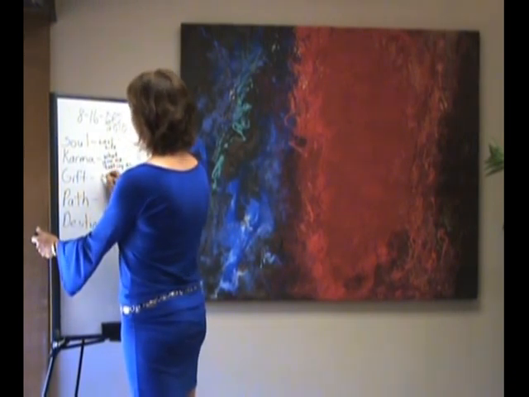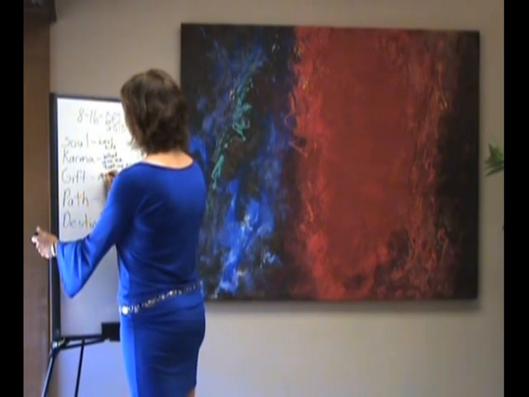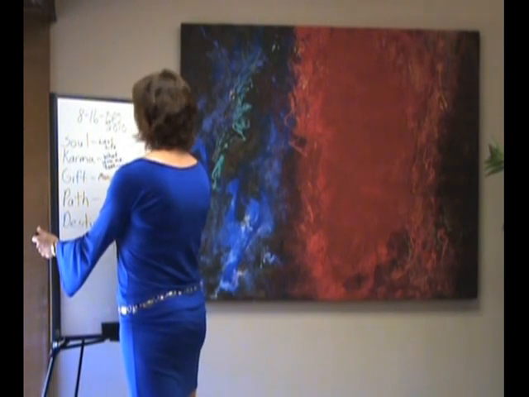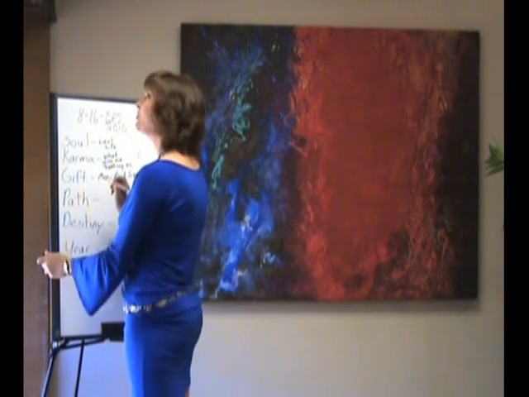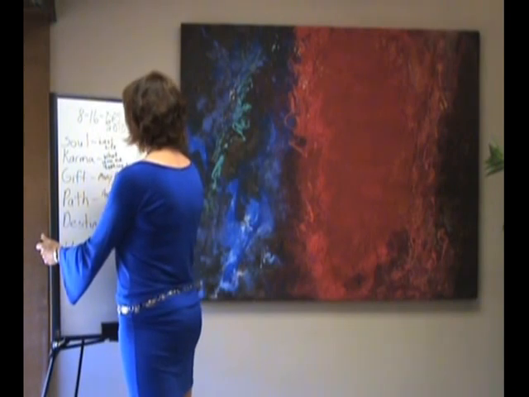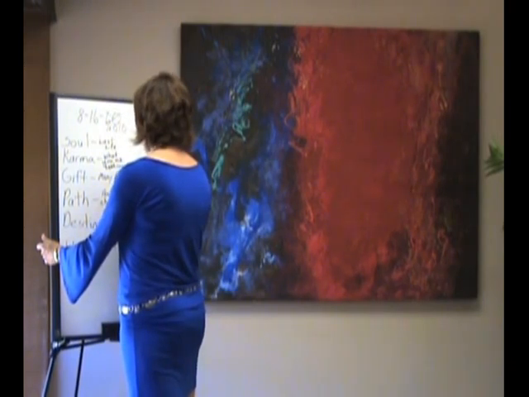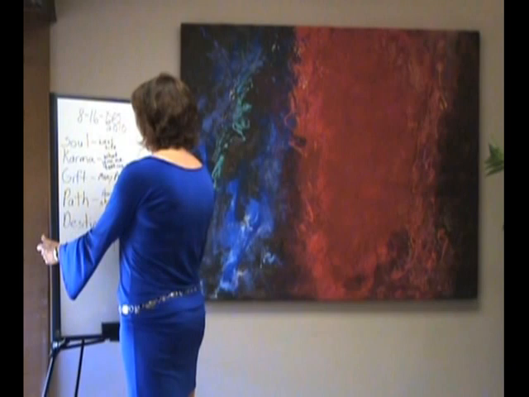Your gift is your gifts from many past lives. Your path is how your karma is going to show up in this life. And the destiny is where you want to get to by the time you're 45.